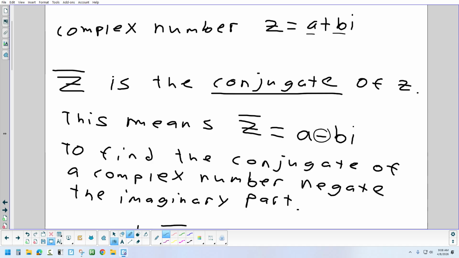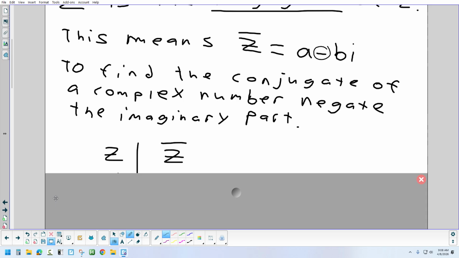If it's a minus, make it a plus. So the short way to say that is you negate the imaginary part. Negate doesn't mean make negative. Negate means make it the opposite of what it is now. And the real part, you don't do anything to. So the A stays exactly the same. It's just the symbol in front of the B.